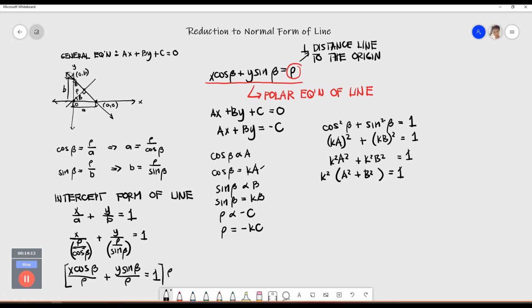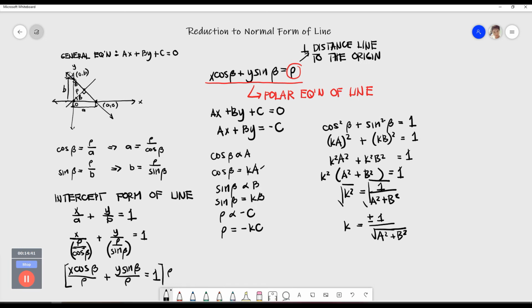Then we can cross multiply, so we have k squared equal to 1 over a squared plus b squared. What is the value of the proportionality constant k? K is equal to the positive or negative value of 1 over the square root of a squared plus b squared.